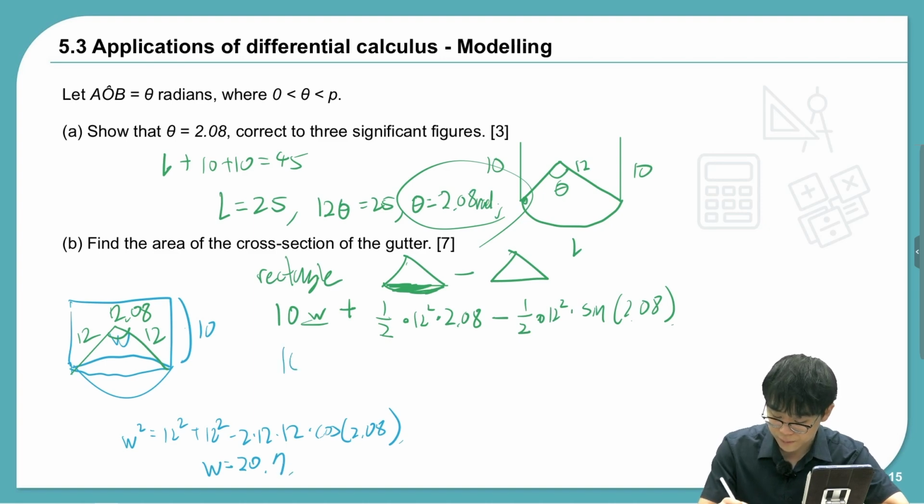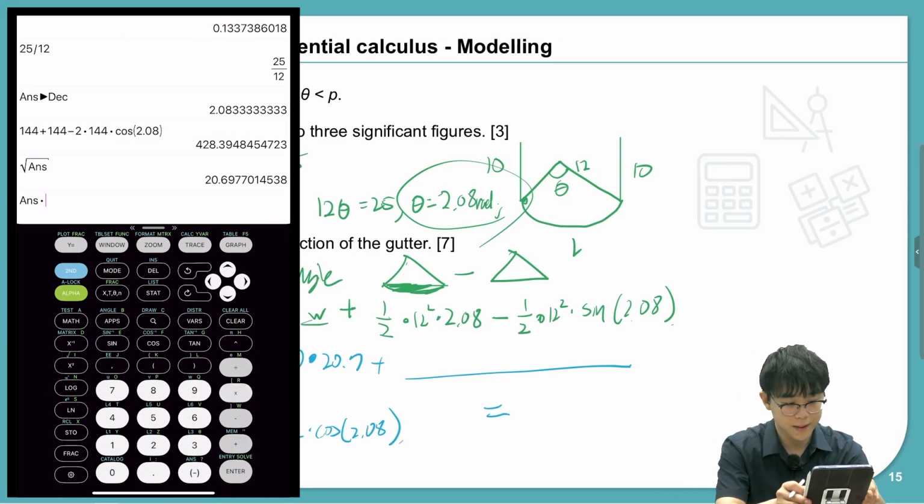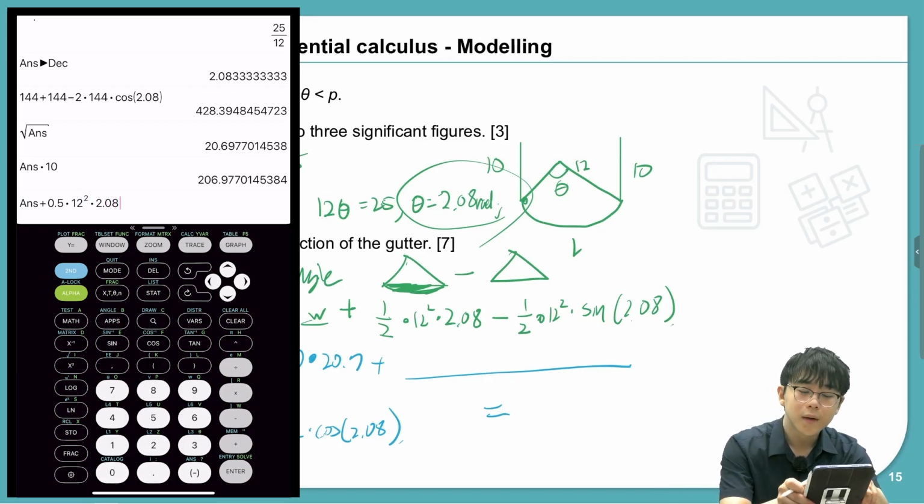So if you put 10 times 20.7 plus this expression right here, we should get the combined area. So this times 10, plus 0.5 times 12 squared times 2.08, minus, we subtract the area of the triangle, so 0.5 times 12 squared times sine of 2.08.